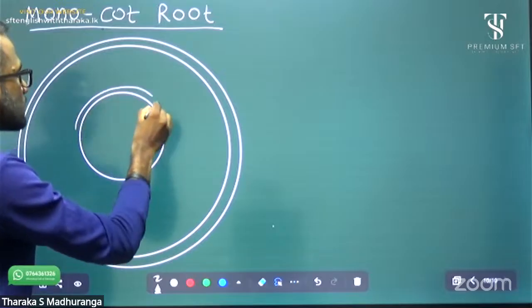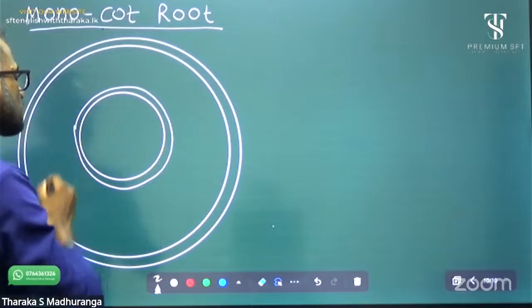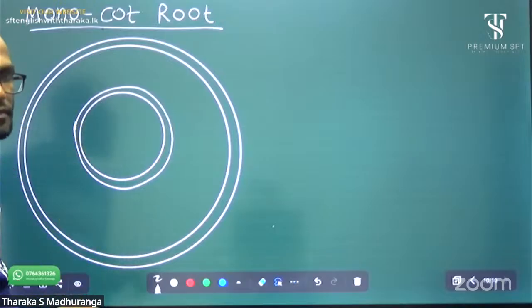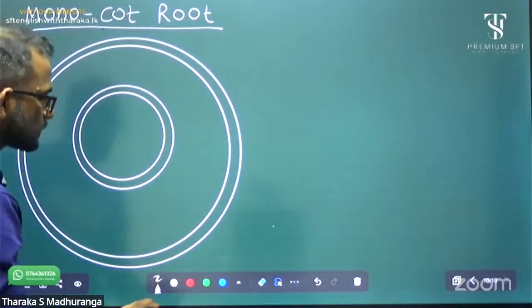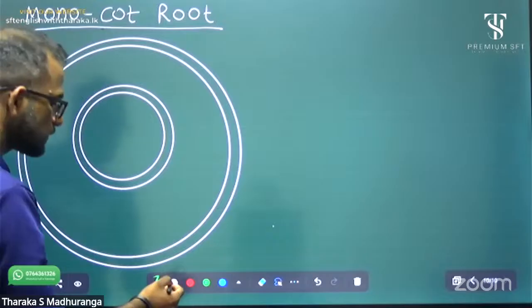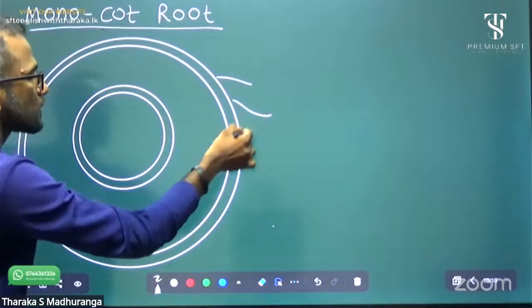Epidermis and pericycle. That one also contains root hairs.